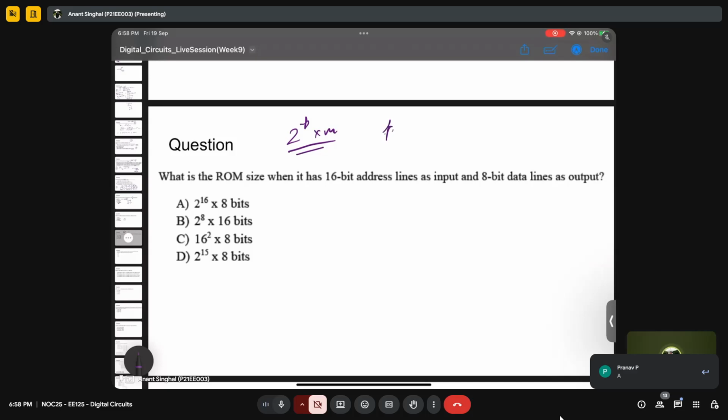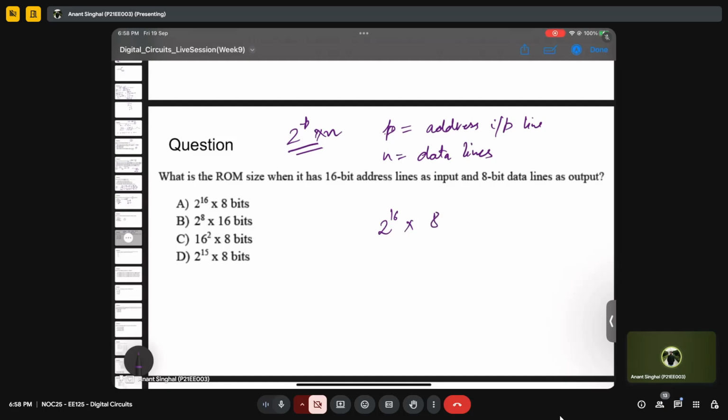We had P as address input lines, and N was data lines. Oh, it's already given, I thought we needed to calculate something. So it is 2 raised to 16 cross 8, which is option A, the correct answer.